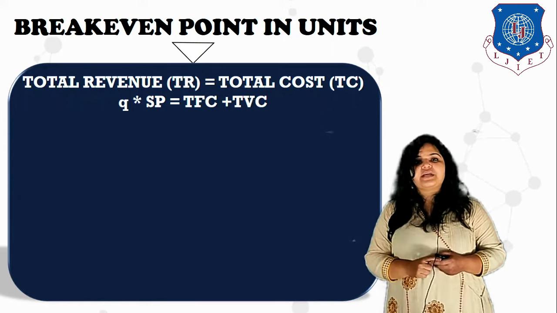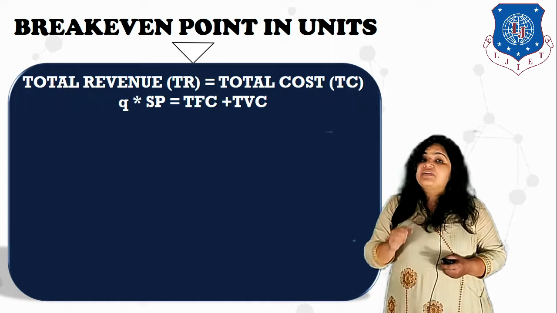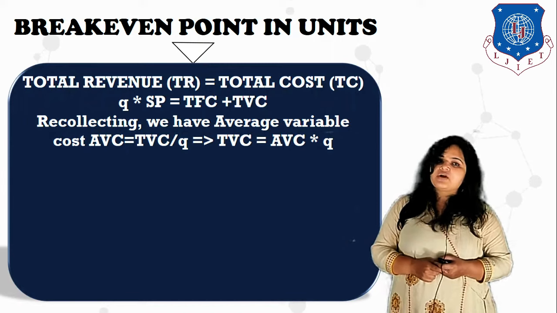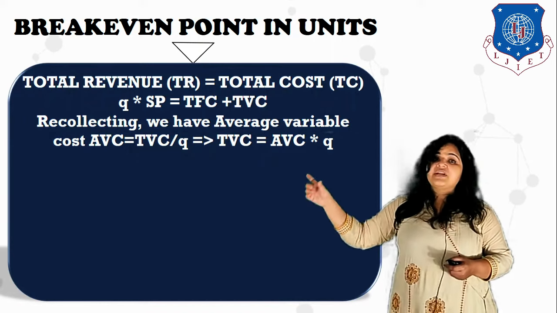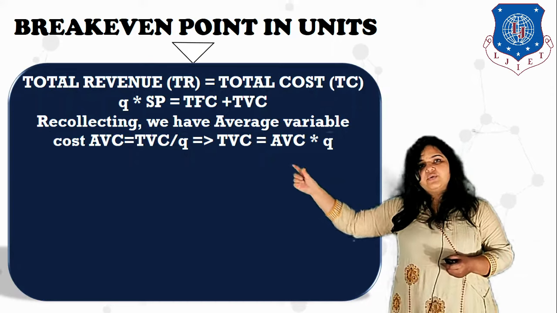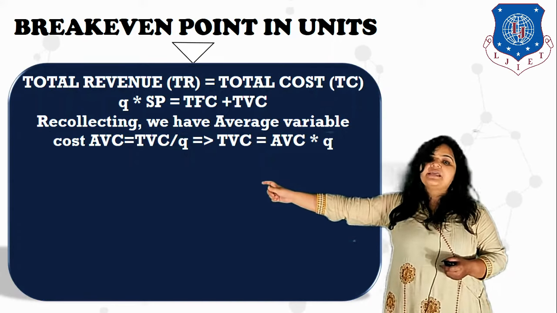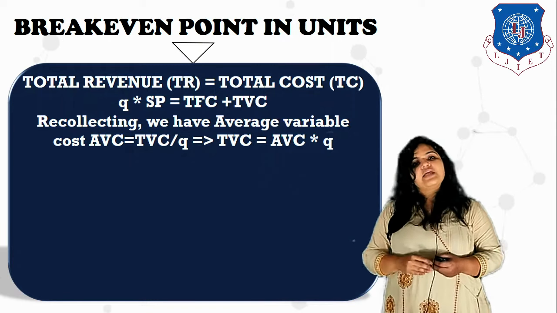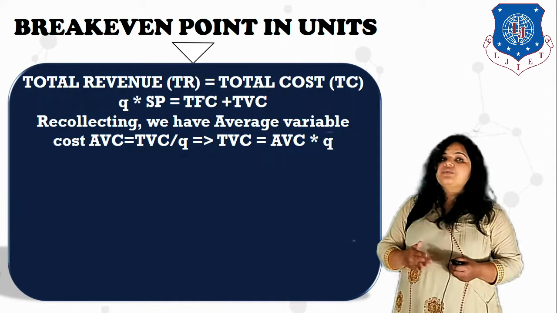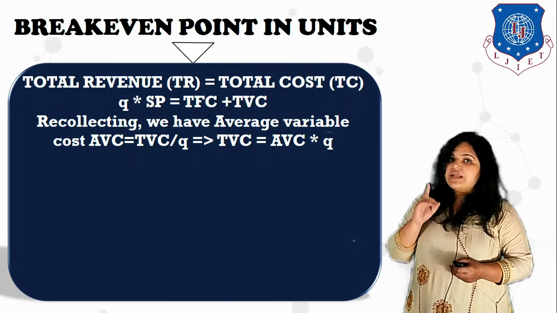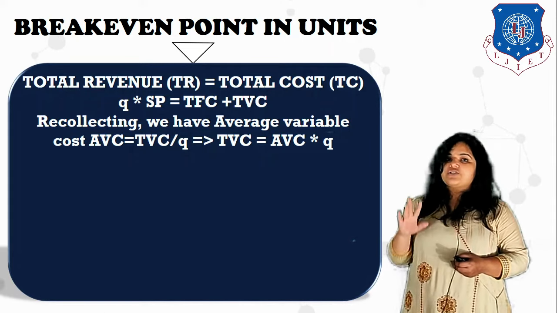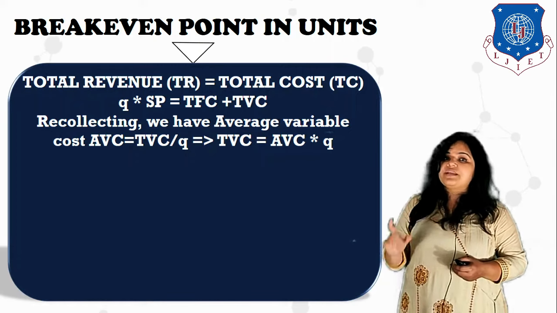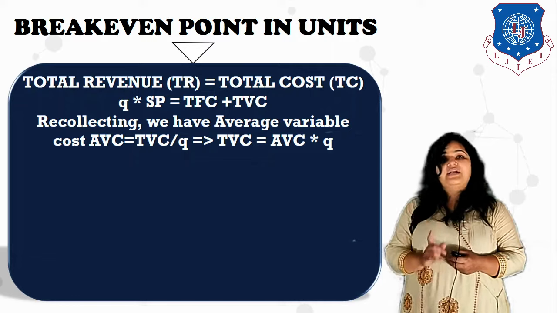Your average variable cost. If average variable cost is given, then how can I find total variable cost? We have average variable cost is equal to total variable cost divided by Q. We studied this in the previous lecture, and also in this lecture I told you that if for producing 1 unit my average variable cost is 5 rupees, then for producing 5 units my total variable cost will be 5 into 5 is equal to 25 rupees.